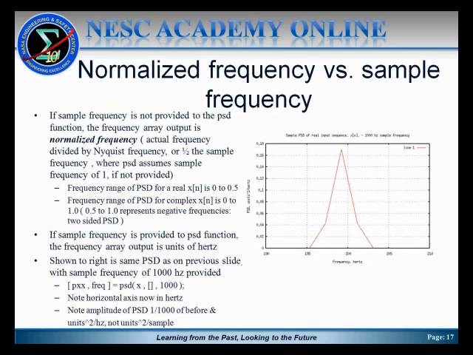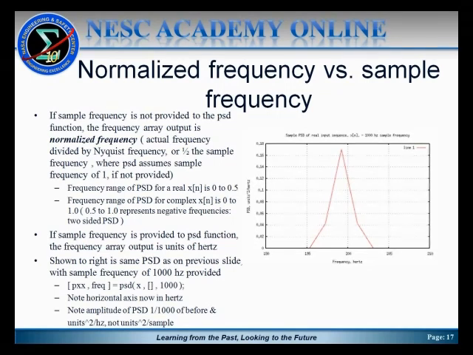The units of that PSD when the frequency range was normalized frequency were really units squared per sample, not units squared per hertz. So when you convert it to actual units squared per hertz, it divides the PSD from a normalized frequency range by the frequency range to convert it to units squared per hertz, which is typically what you're expecting when you're processing some sort of data.